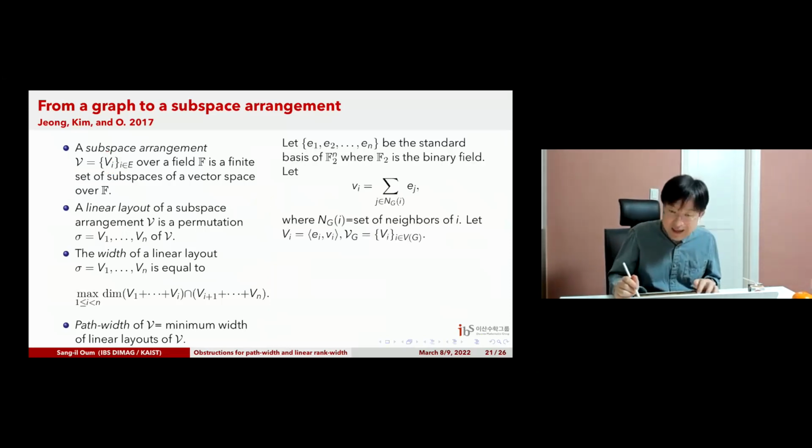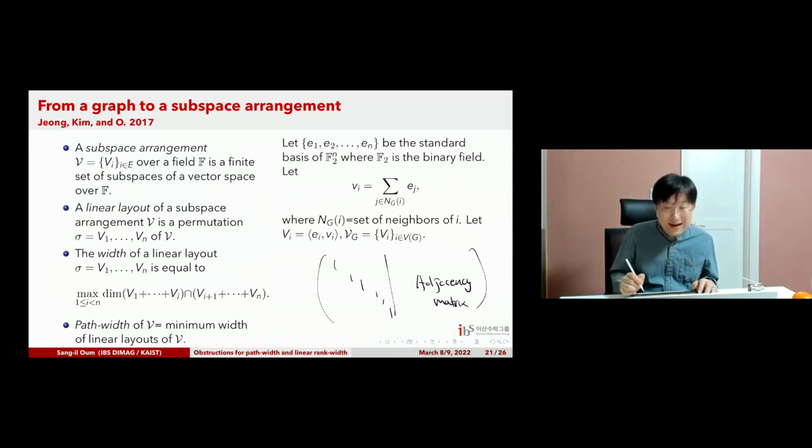But now I want to describe how you get the subspace arrangement from graphs. Here I've written it in a more complicated notation, but maybe it's better to look at this picture.